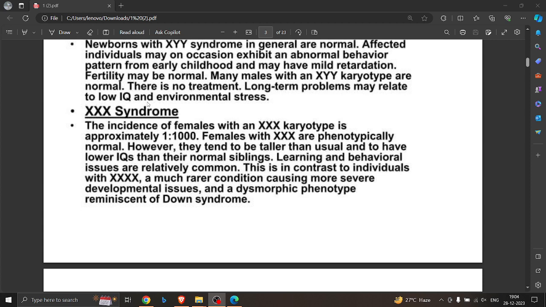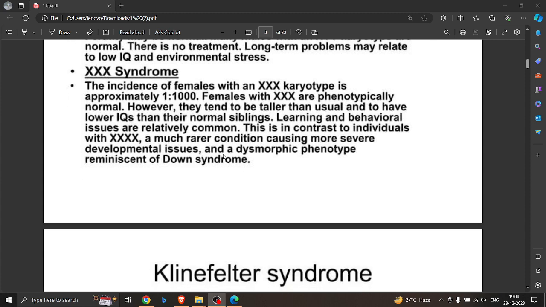There is no treatment. Long-term problems may relate to their internal qualities or environmental stress. Coming to XXX syndrome, the incidence of females with an XXX karyotype is approximately 1 in 1000. Females with triple X are phenotypically normal. However, they tend to be taller than usual and to have lower IQs than their normal siblings.